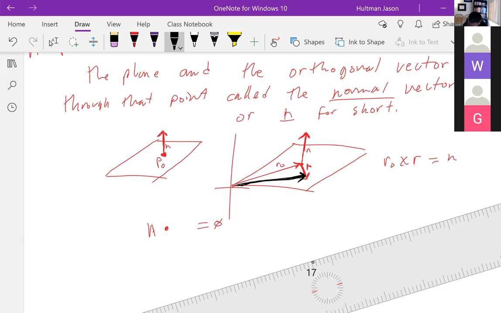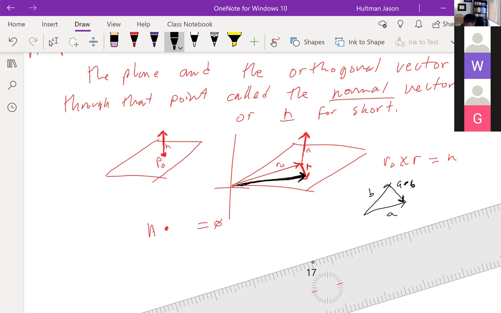If we did this guy, and then this guy here, so we said A, B, then the vector between them would be A minus B, right?